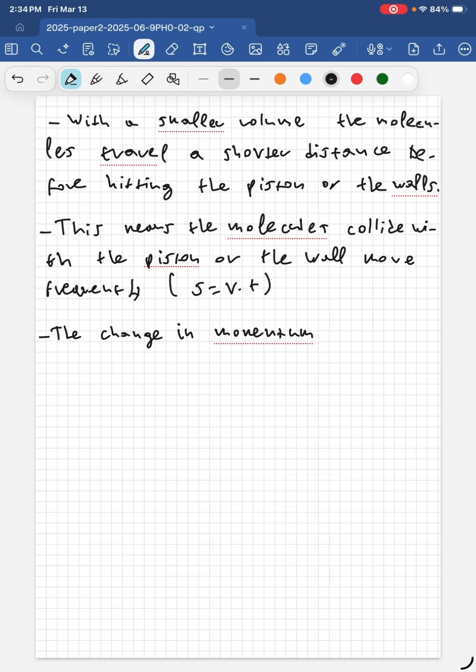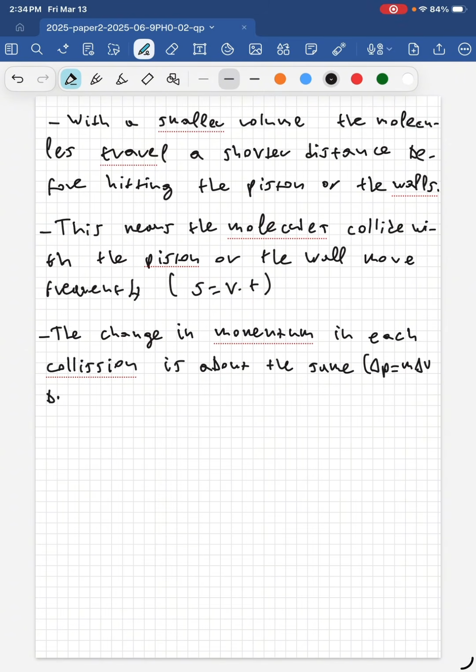The change in momentum in each collision is about the same, because delta P is m times delta V, and the V is the same.